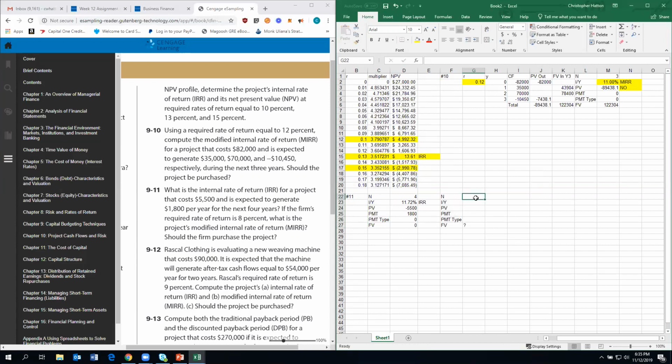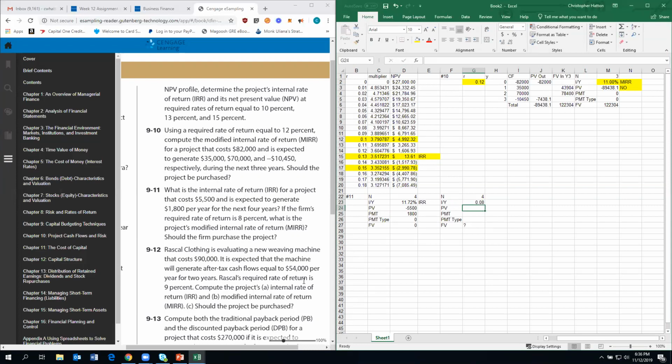And the number is 4 again. So you always need your future value and your present value to figure out modified internal rate of return. So always get those numbers. So we do have present value, so we need to get future value of this $1,800 payment over 4 years at an 8% premium.